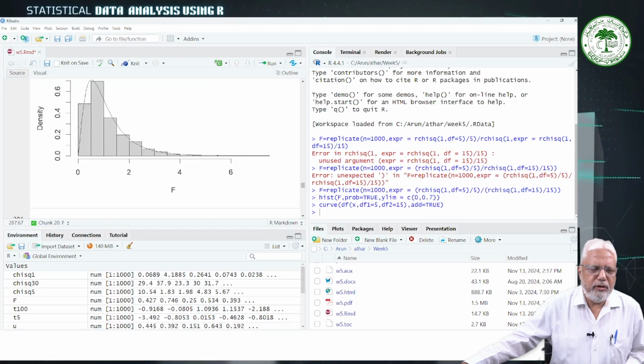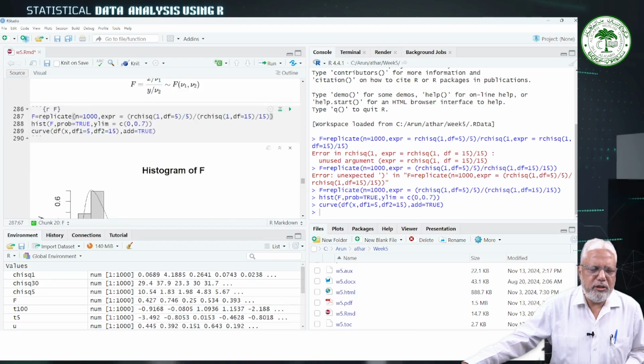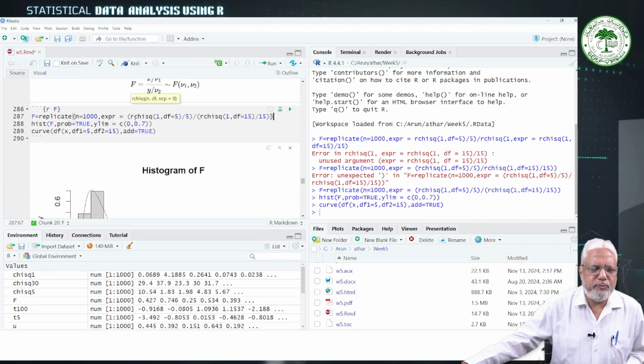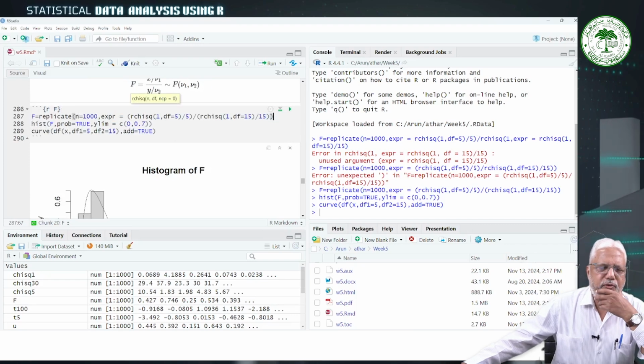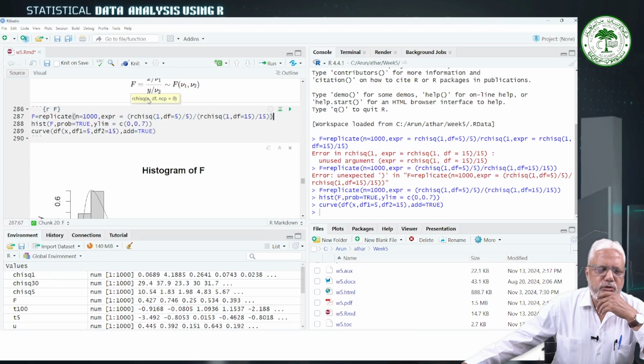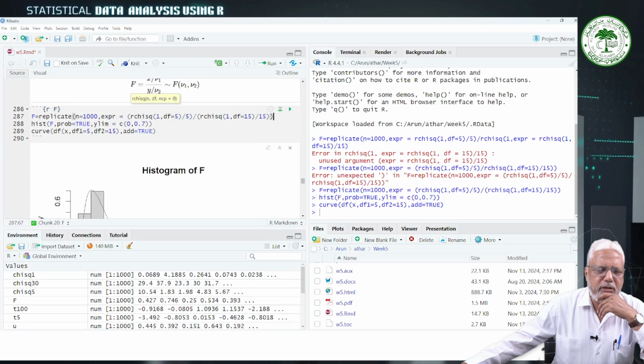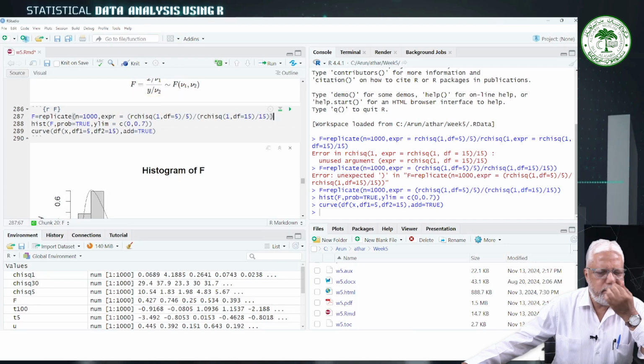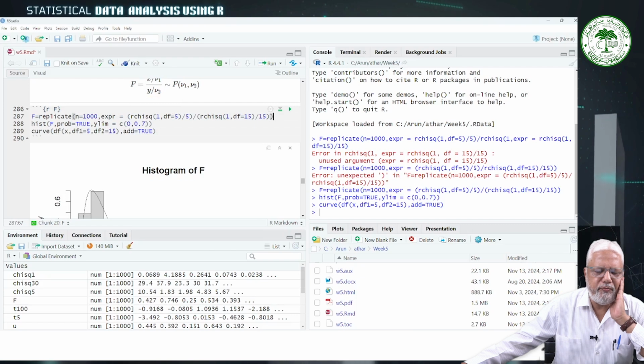Yes. So now the expression has been corrected, and this is the simulated data, and we are getting the result. Here we have the expression for simulating. Just try to understand this expression. We are trying to simulate this ratio. In the numerator we have written rchisq, 1 observation with degrees of freedom 5, divided by 5.